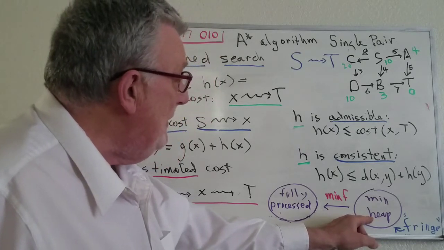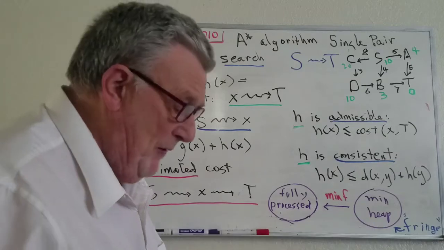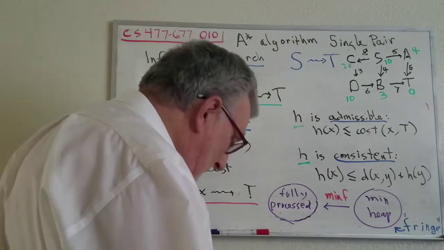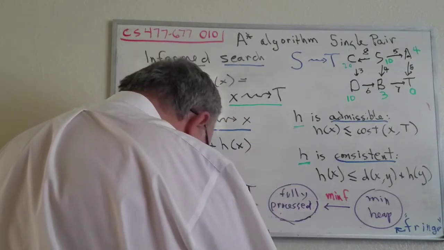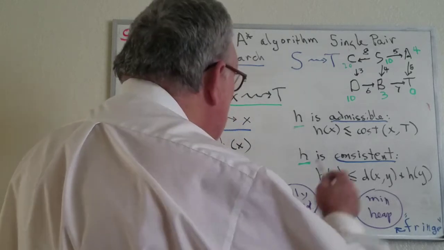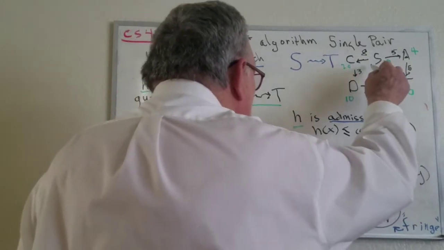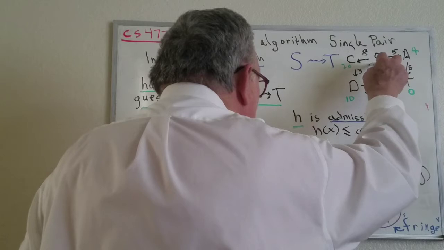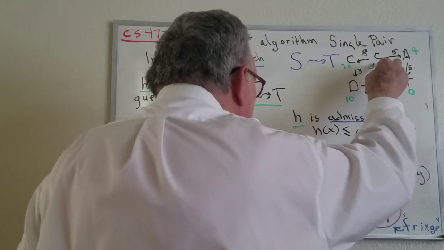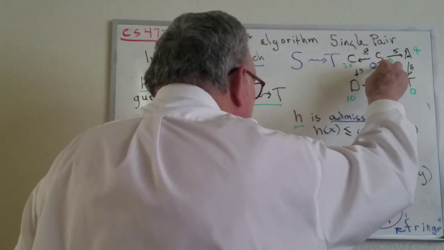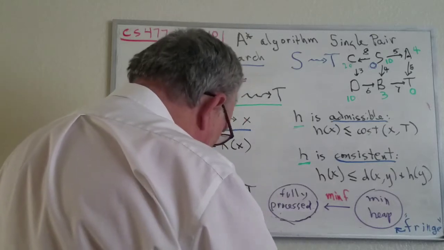Initially, only one node is partially processed, and that is the start node, whose blue value, or g value, is 0 initially.